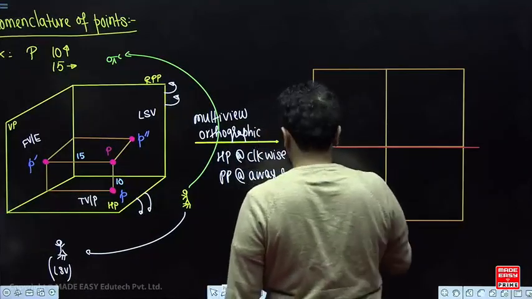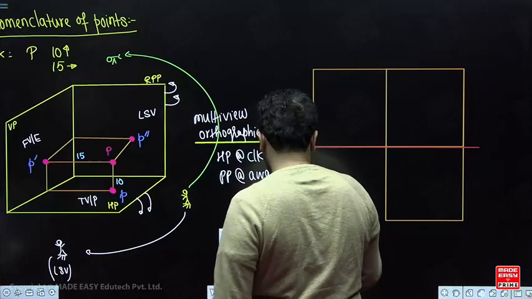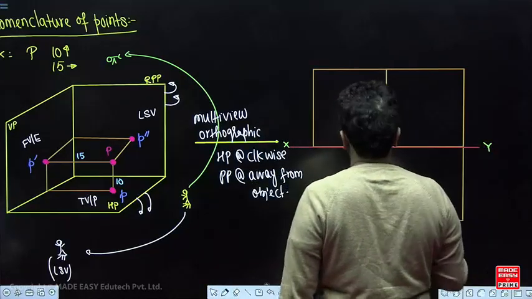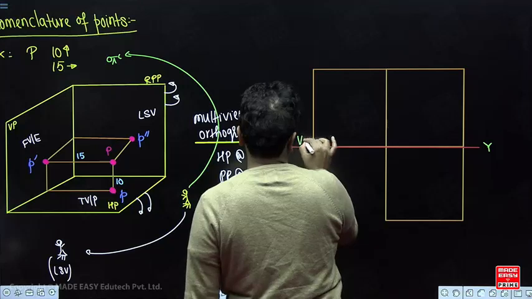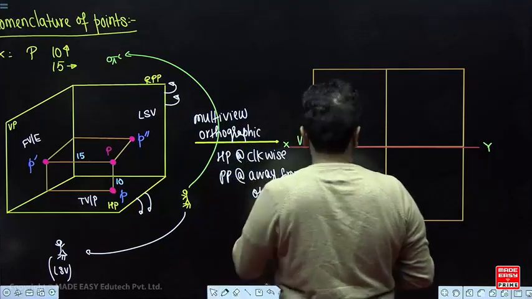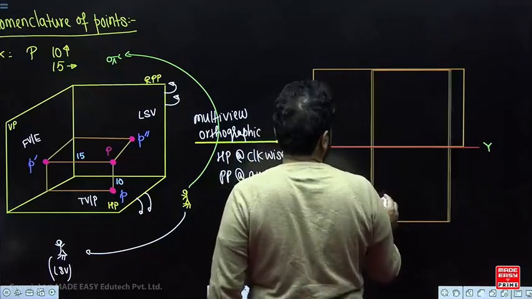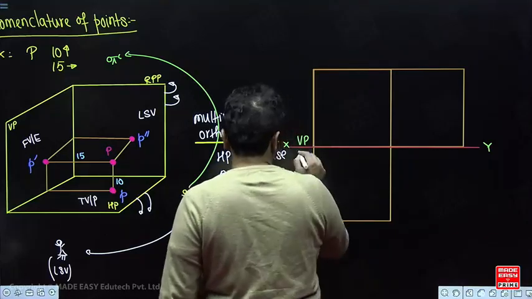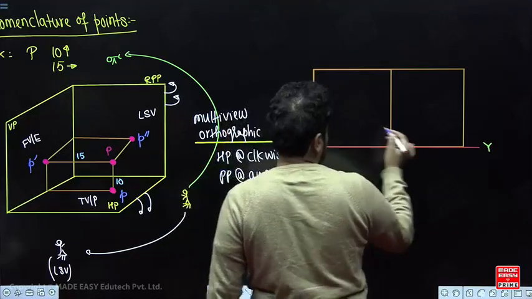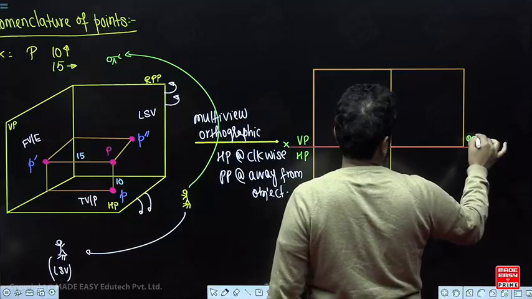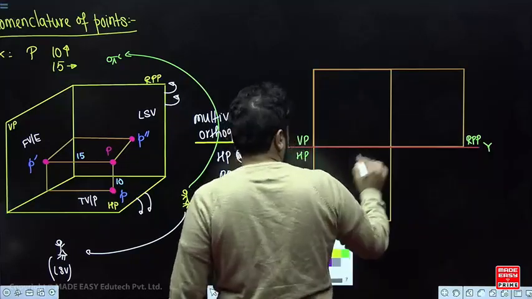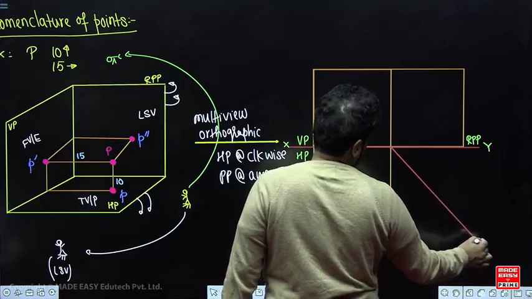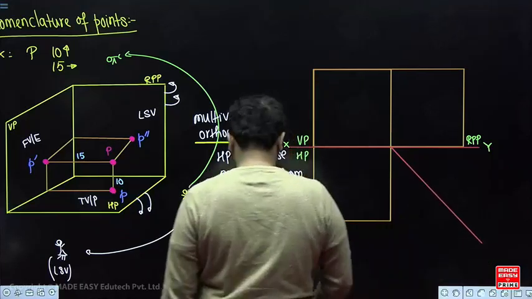This is X, and this is Y, correct? So this is the vertical plane. This is the horizontal plane, and towards the right of the vertical plane is your right profile plane, correct? If you remember, I said that we have to draw a miter line to draw the side view, at 45 degrees.